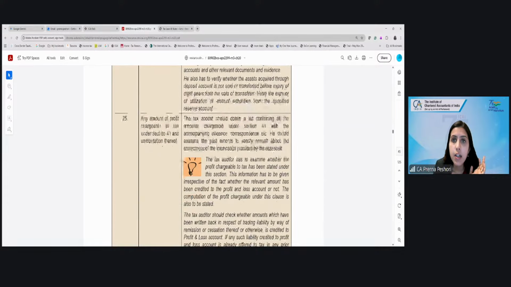Okay. Clause 25 is any amount of profit chargeable to tax under section 41 and the computation thereof.